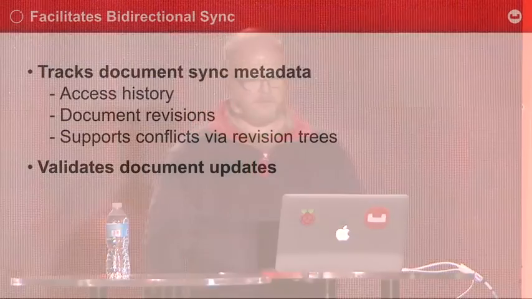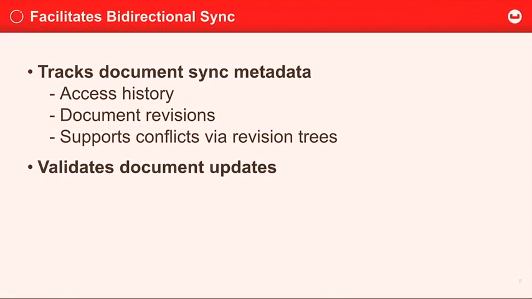As I said, Sync Gateway facilitates bidirectional sync between mobile devices, Couchbase Server, and possibly between multiple mobile devices. And to do this, Sync Gateway adds its own metadata to the documents as they're stored in Couchbase Server. We store access history, so who was given access to channels, within the history of the document, which channels the document's been mapped to.